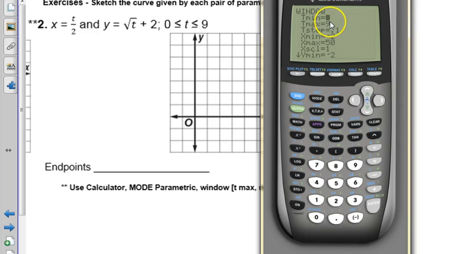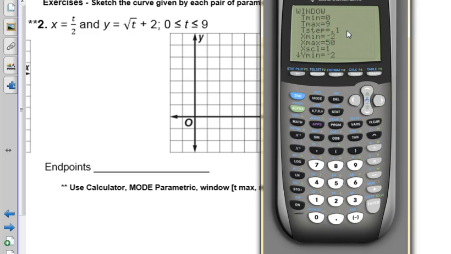I usually leave it 0.1. You don't want to do something really, really tiny, because it will take the calculator forever to graph it. If you put in 0.01, then it has to do 100 calculations as it goes from 0 to 1.